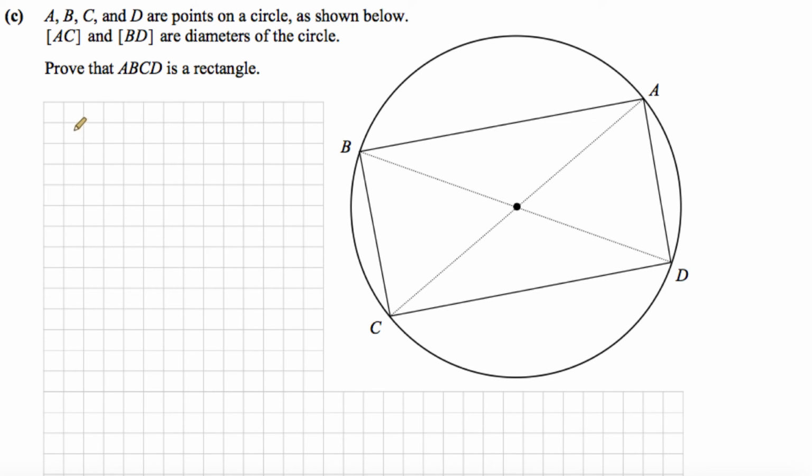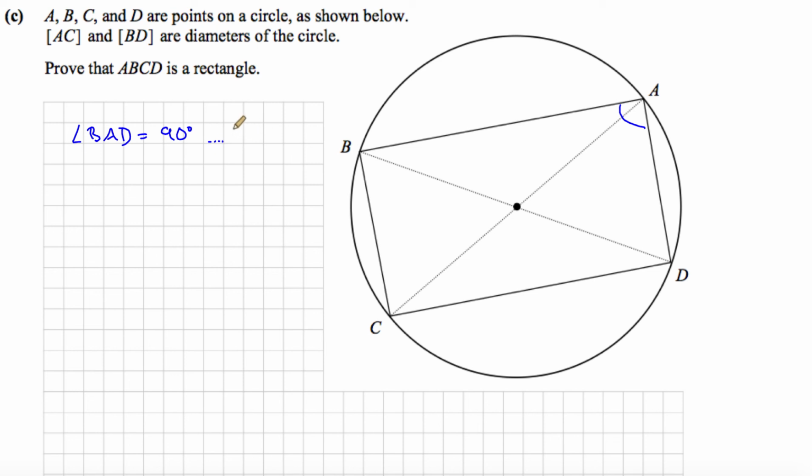So what we can say here is that the angle BAD, that's this angle here, is equal to 90 degrees because BD is a diameter, and any angle coming off a diameter creates a 90-degree angle.